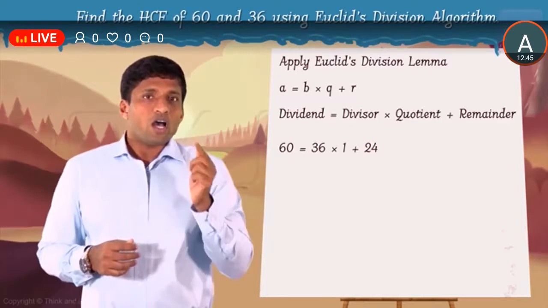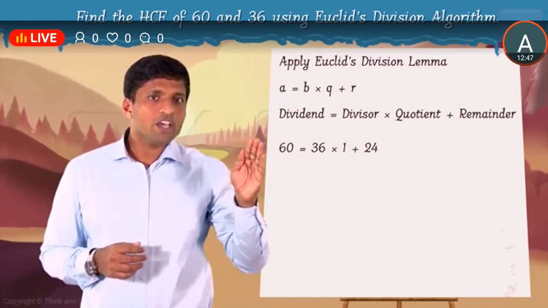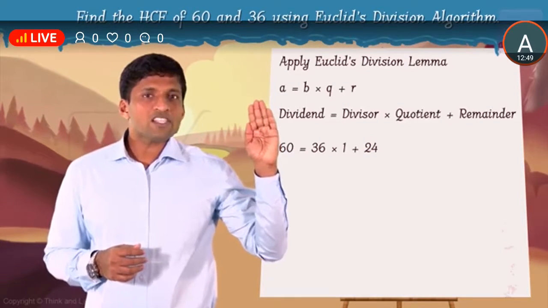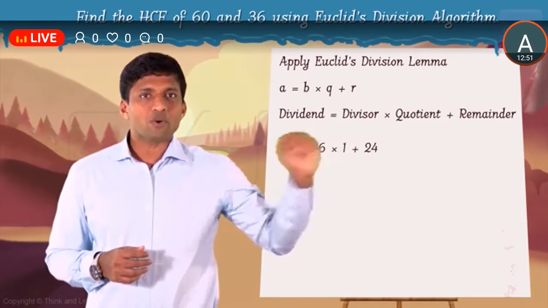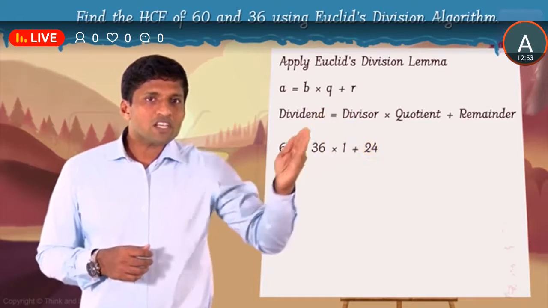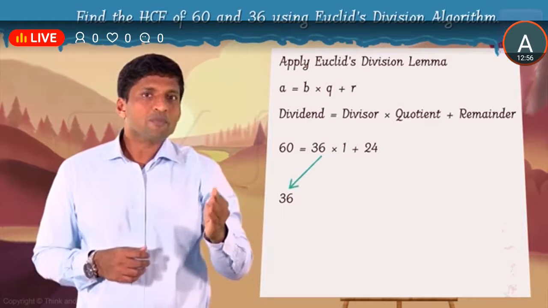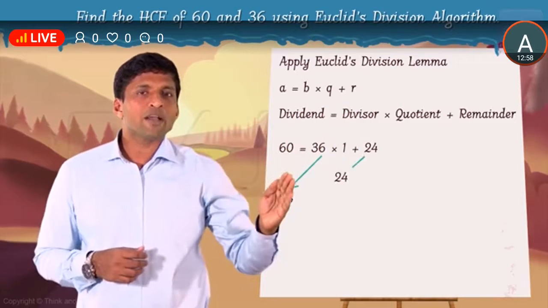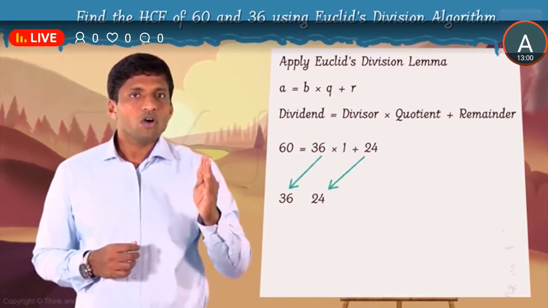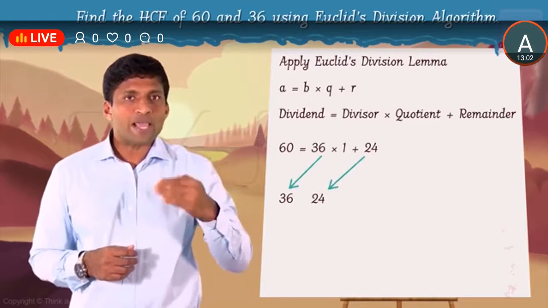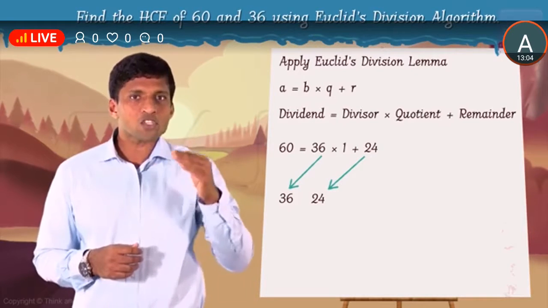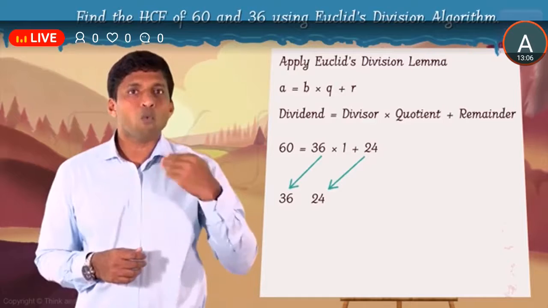Now, here the divisor 36 and the remainder 24, this divisor you take as the next dividend, and the remainder will become the next divisor. So that is what you are supposed to do next, and by keeping this, apply division lemma once more.